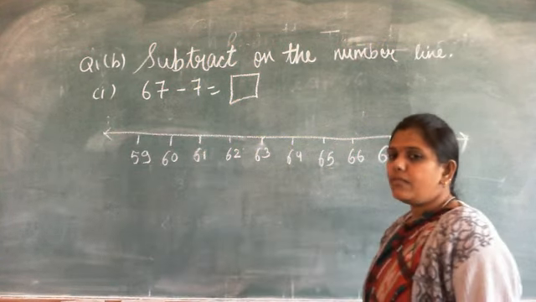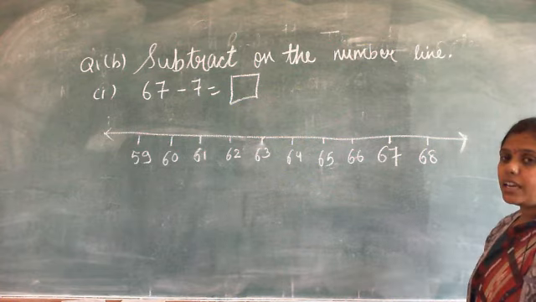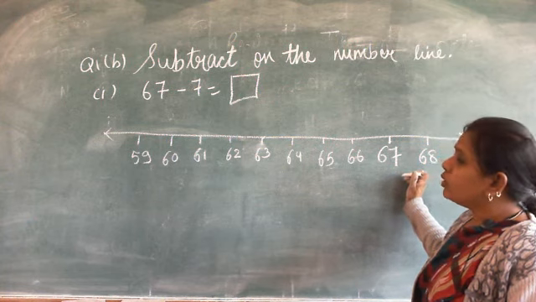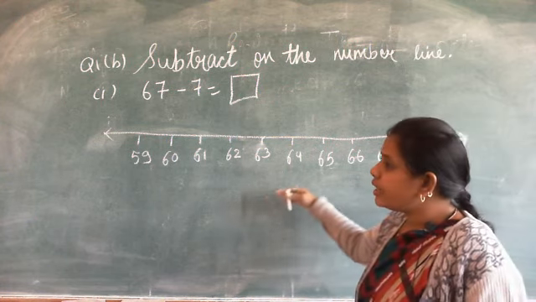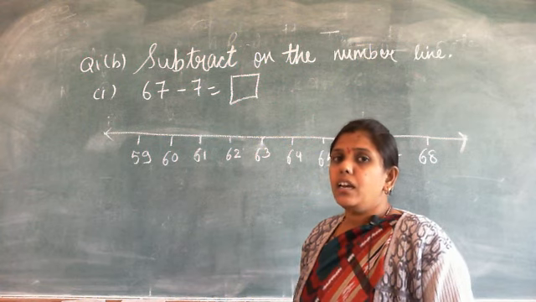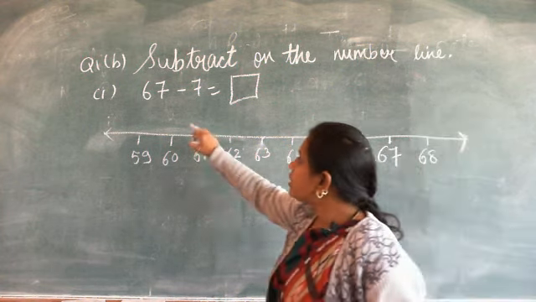In this way we have to write the numbers on the number line while we are doing subtraction using the number line. Whenever we subtract using the number line, we have to write the numbers in backward direction. Okay, backward counting. We have to write numbers using backward counting.